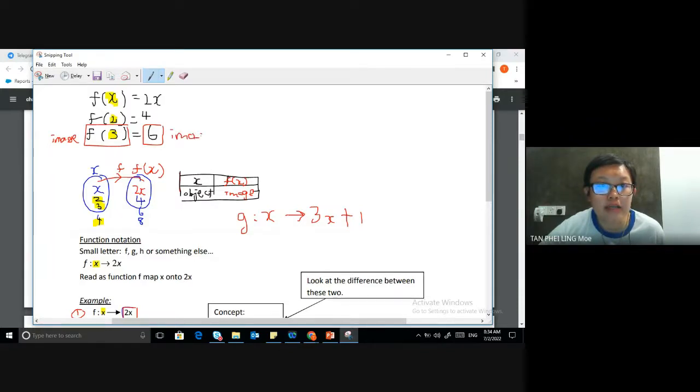So f(3) equals 6. If you look at it, f(3) is also an image, 6 is also an image, and the only object is our 3. Only 3 is the object.